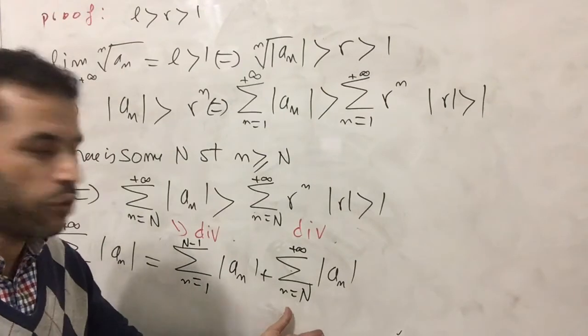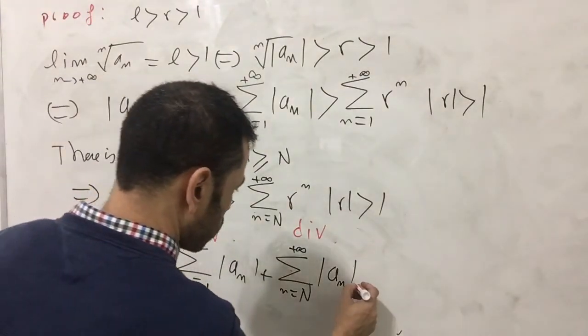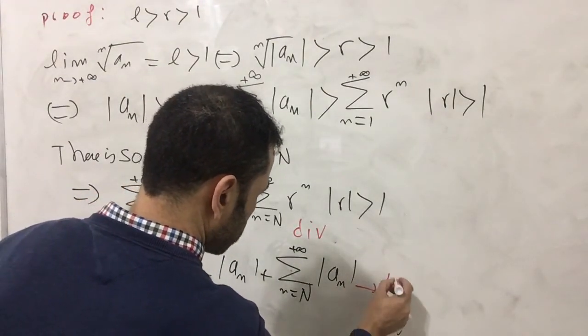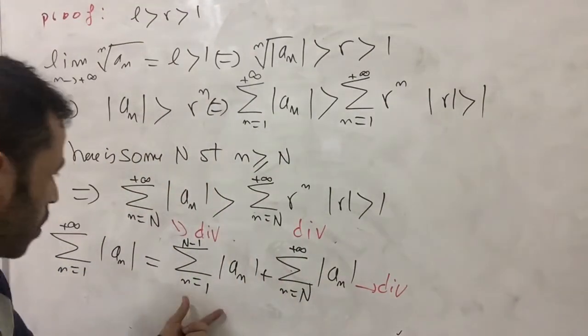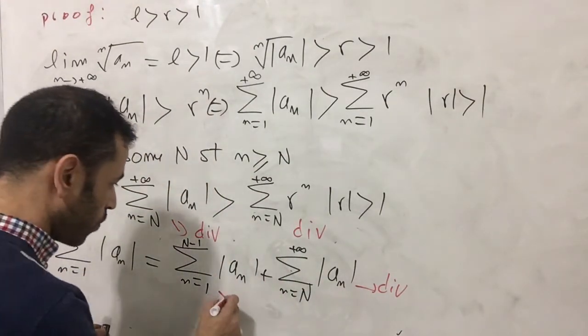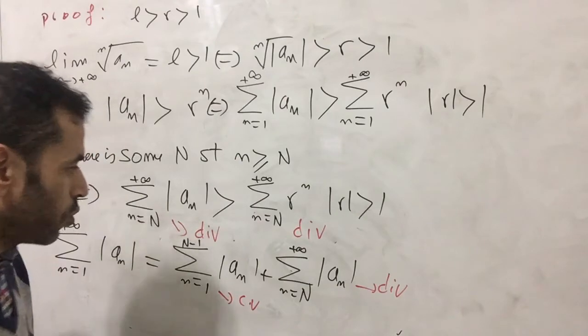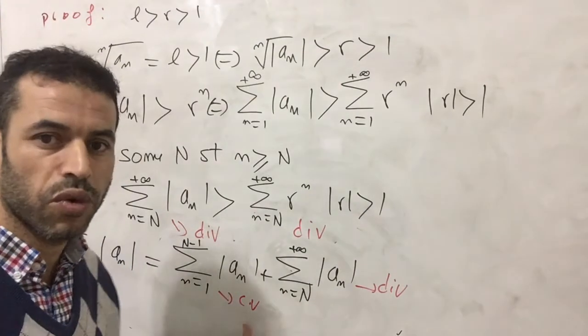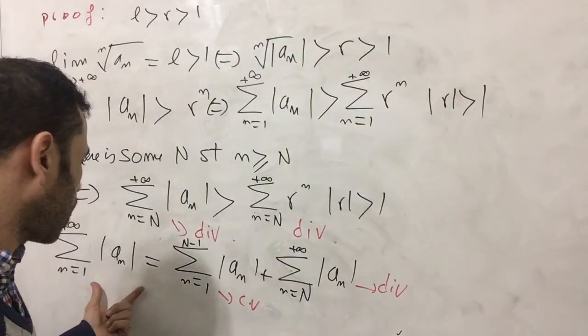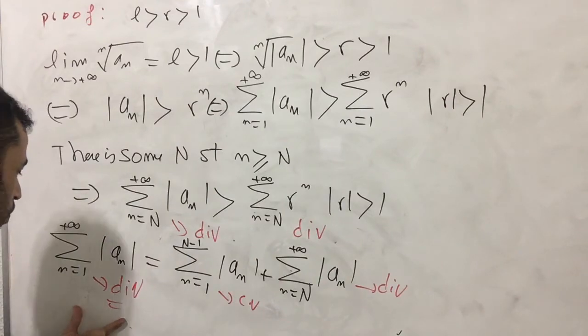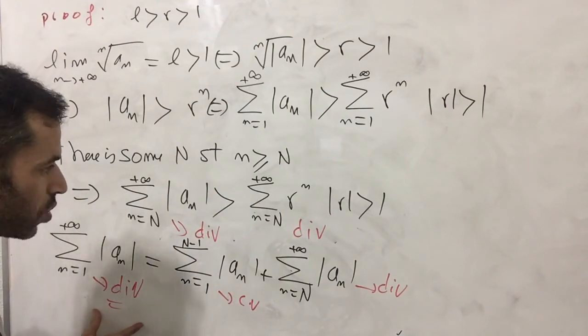So we already proved this sum is a divergent sum because of the comparison test. This one is a finite sum, so it is convergent. But when we have two sums, one divergent and the other convergent, the total is a divergent sum. This one as a whole sum is divergent, okay?